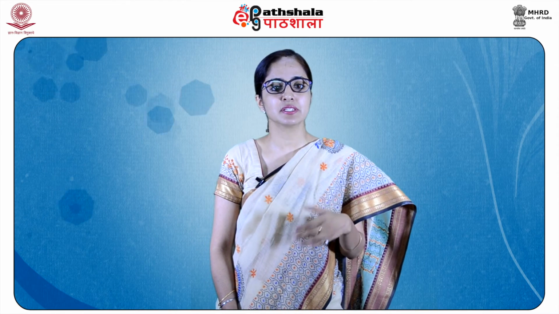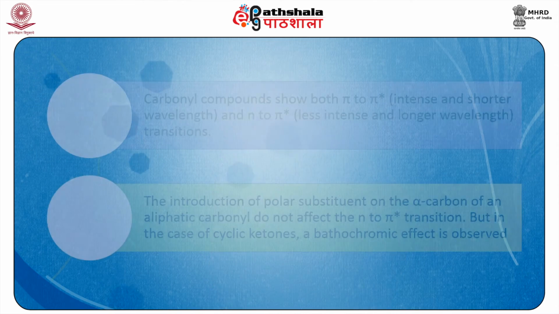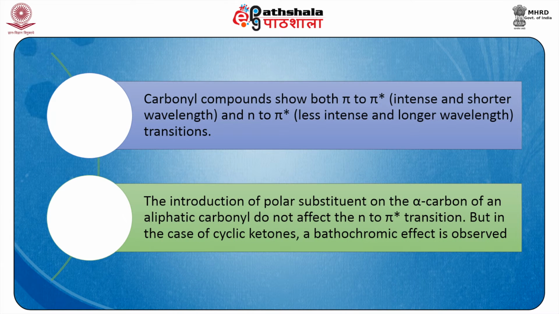Now, as has been discussed thoroughly above, carbonyl compounds show both pi to pi star, which is an intense transition with a shorter wavelength, and n to pi star, which is a less intense transition with a longer wavelength.